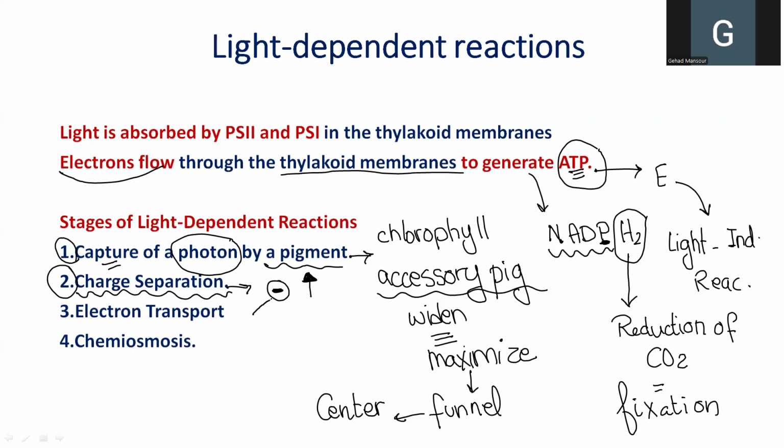This electron is released from the zinc atom that lies in the center of the chlorophyll molecule. When it absorbs a photon and absorbs energy, it will jump to a higher energy level and might leave the chlorophyll molecule altogether. When it leaves the chlorophyll molecule altogether, this is what we call charge separation.